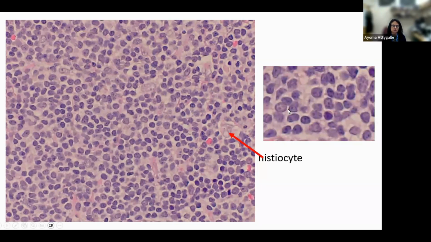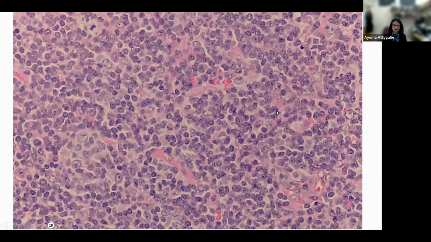And if you look at it even closer, you see that these are fairly uniform to look at, and the nuclei often have this indented or fish mouth appearance. The nucleoli you can see very tiny, so they're essentially inconspicuous. This is another area of this section, and again, you see this population of medium-sized cells with the scattered histiocytes.